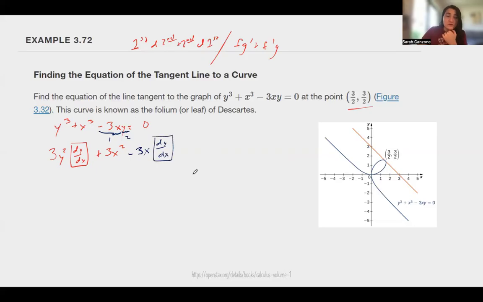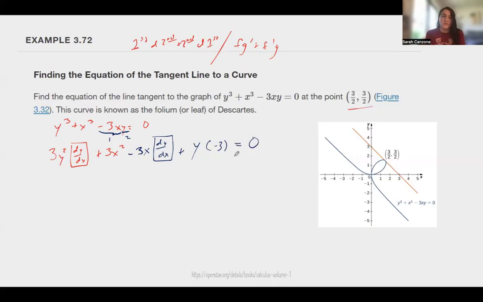So now we see that we have two dy/dx's, and that's why it's important to remember that we have two of them, plus second, which is y. Because we're just writing y, we don't need to write dy/dx. We're not taking a derivative. Then the derivative of the first: the first is negative 3x, and the derivative of negative 3x is just negative 3. And this is equal to 0, so the derivative of 0 is obviously just 0.